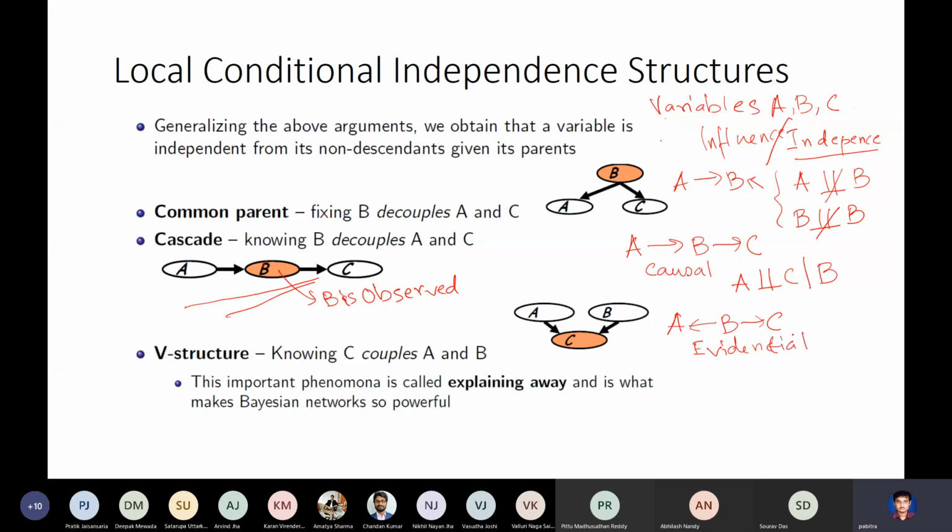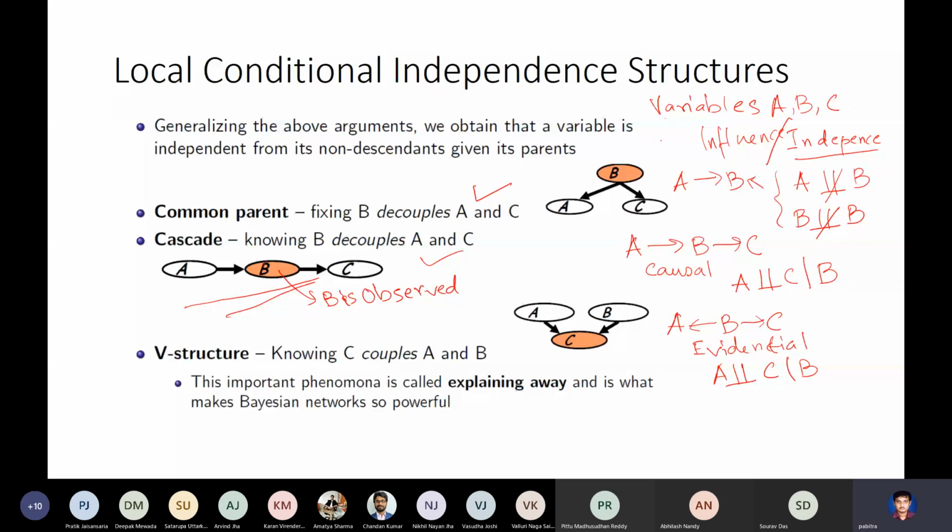B causes A and C, and I have observed B. So in this case also it turns out that A is independent of C given B. You don't get any additional information about A by looking at C if you have already seen B. So this holds, this holds.